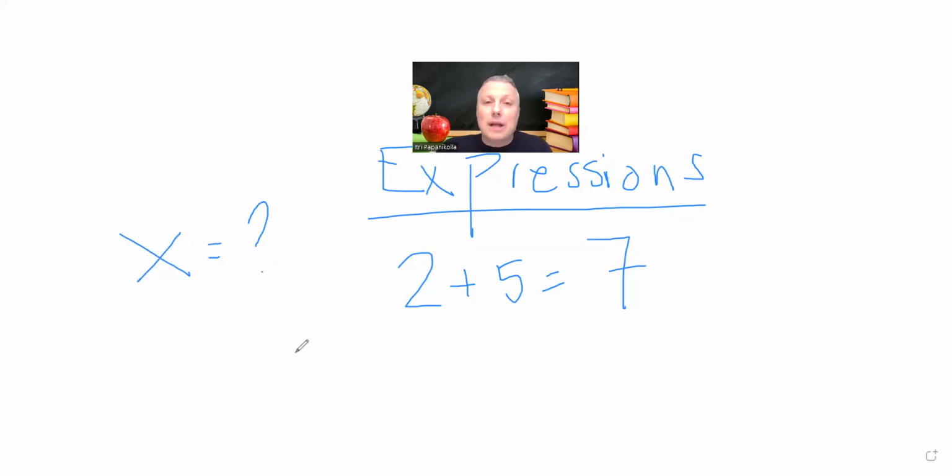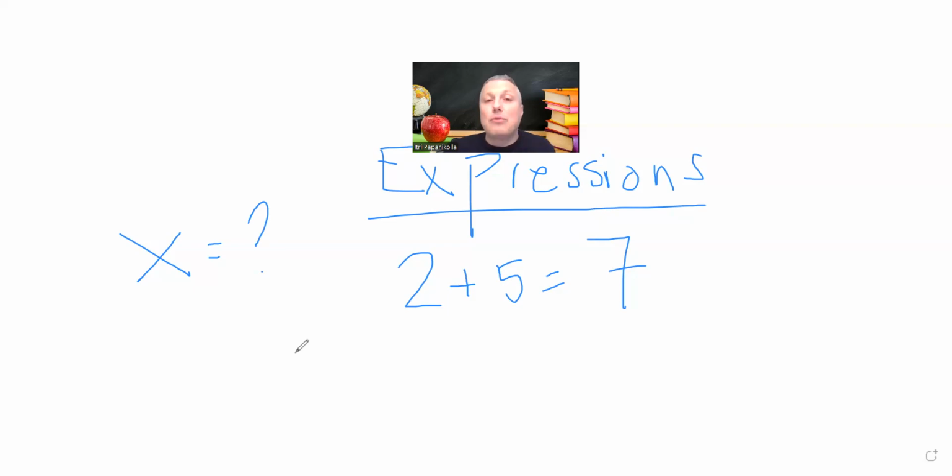So in math, a lot of times we get intimidated when we see letters. We know what those letters mean as far as English goes and the alphabet and how to utilize them. But in math, when we see the letters X and Y and Z, we think that all of a sudden this is a very tough question. This is a very challenging question.